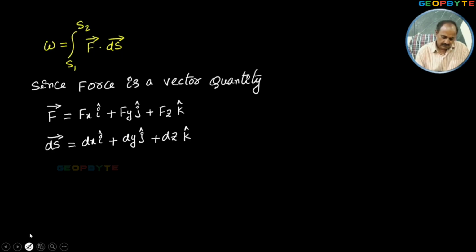Then the work equal to, you multiply i cap quantity with i cap quantity, similarly j cap with j cap, and k cap with k cap. These are the rules we have discussed clearly with the concept of vectors.